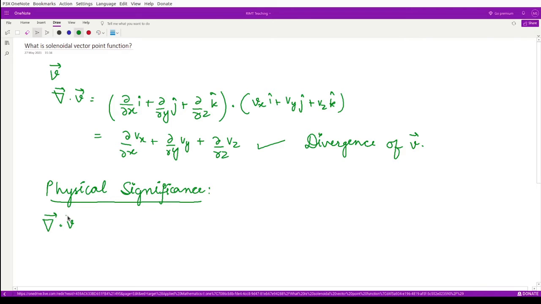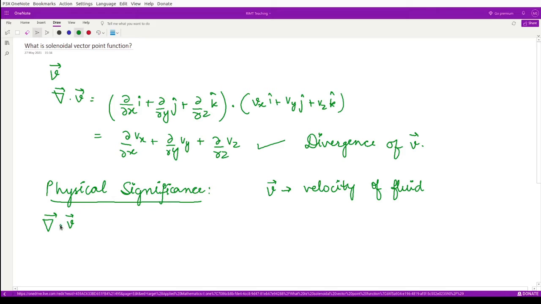The divergence of any vector v, suppose v represents the velocity of the fluid. Now here the fluid may be some liquid and it could also be air, right?